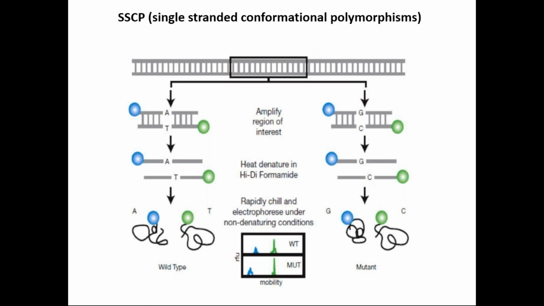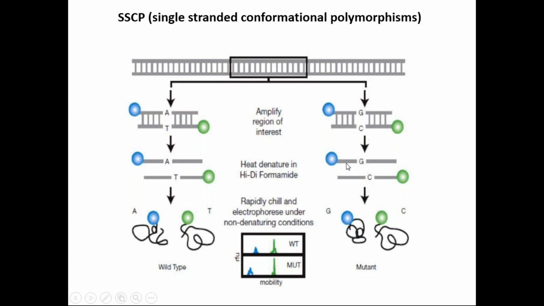Now, how is this SSCP able to visualize such variations? After the amplification of this region, we get two different types of PCR product, and that PCR product is double stranded in nature. Now both the DNA samples are denatured, so we separate both strands by giving treatment of formamide and heat to denature the PCR product.